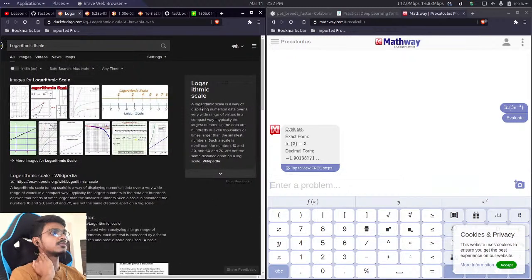Numeric data over a very wide range of values in a compact way. Typically, the largest numbers in the data are hundreds or even thousands of times larger than the smallest number. Since the scale is non-linear, the numbers 10 and 20 and 60 are not the same distance apart on a log scale.